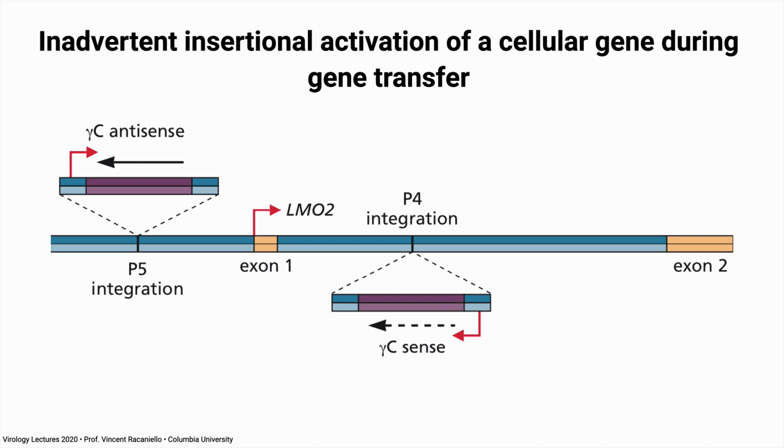And here's what happened. The vector integrated next to a cellular gene involved in uncontrolled cellular growth, this gene called LMO2. And these are 2 insertions of the vector that was used for gene therapy. And so this gene, LMO2, is actually known to be expressed abnormally in a form of childhood acute lymphoblastic leukemia.